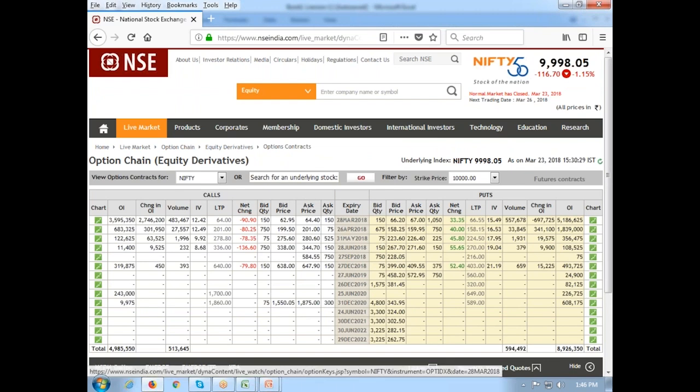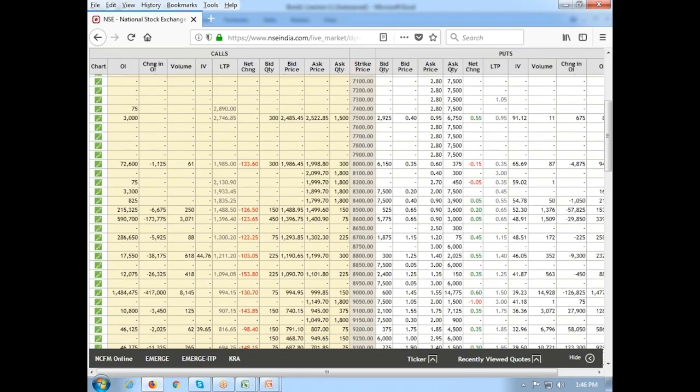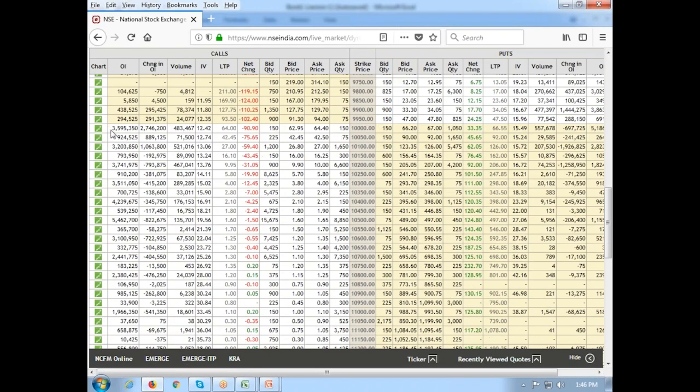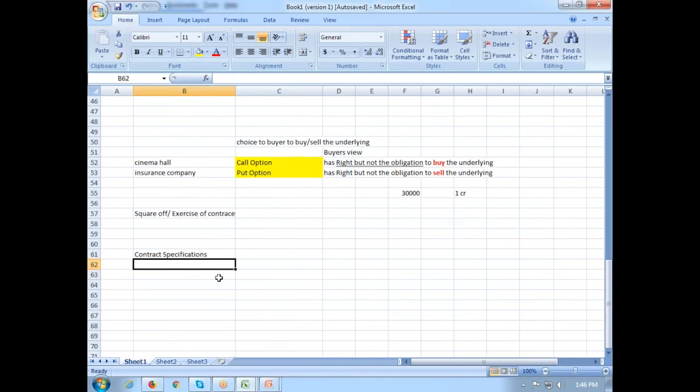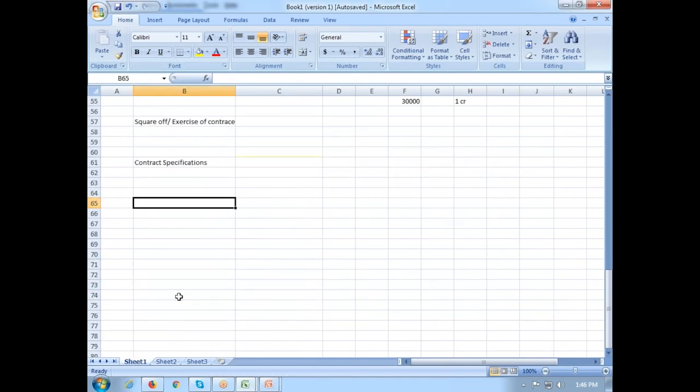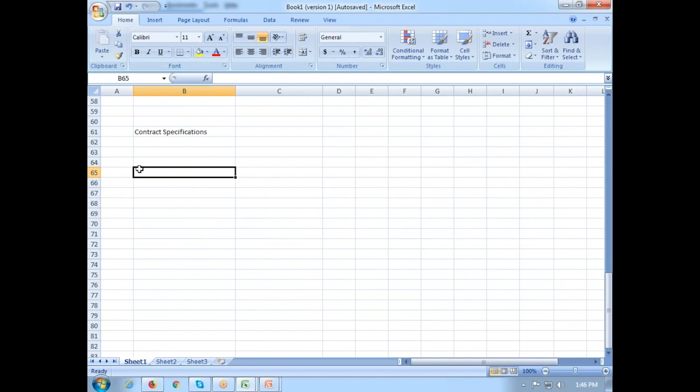This is the detail for the 10,000 March call option contract. So what are the specifications in the call option contract and the put option contract? Let's understand.